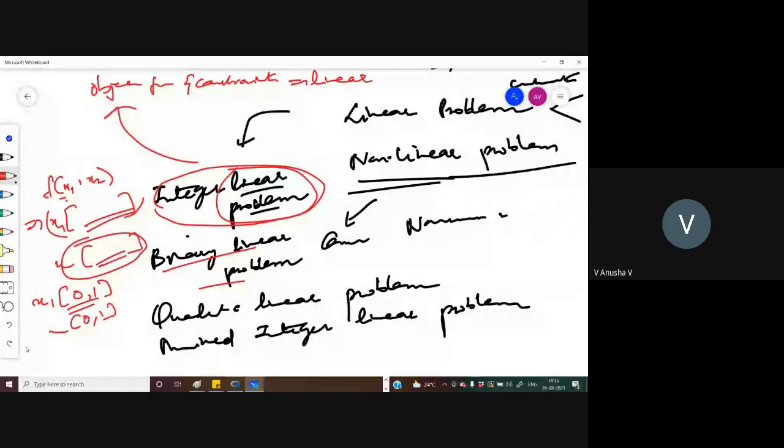And quadratic linear problem is where you will be having x1 with quadratic equations. Mixed integer means it will be having integer values and also real values. Okay, so these are different kinds of problems.